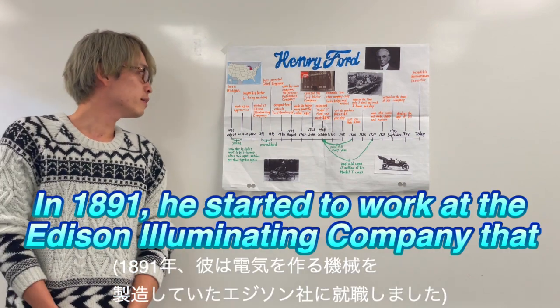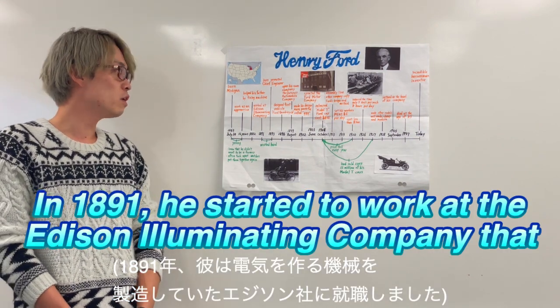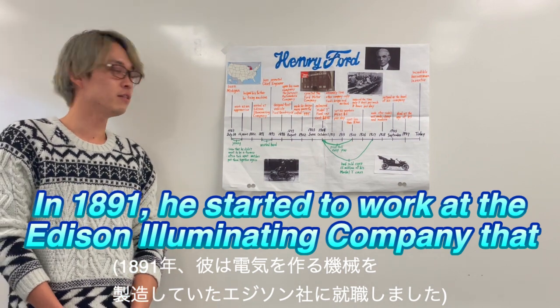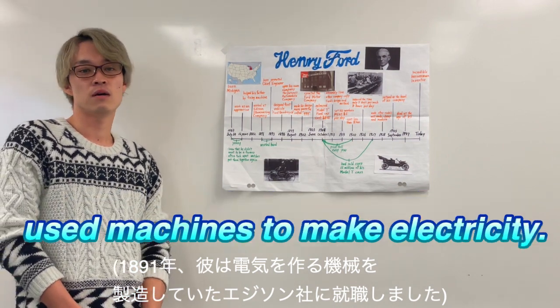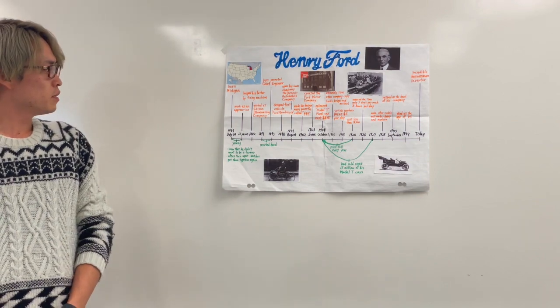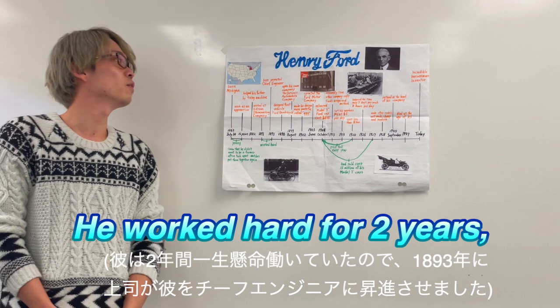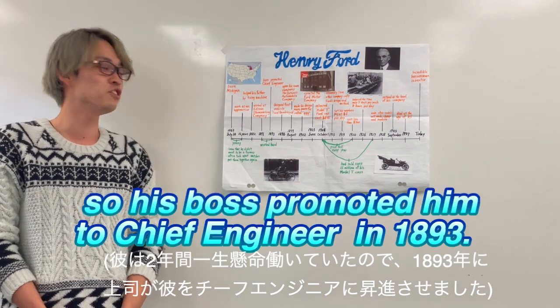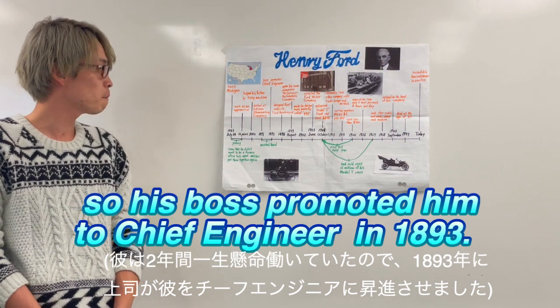In 1891, he started to work at Edison Illuminating Company that used machines to make electricity. He worked hard for 2 years, so his boss promoted him to chief engineer in 1893.